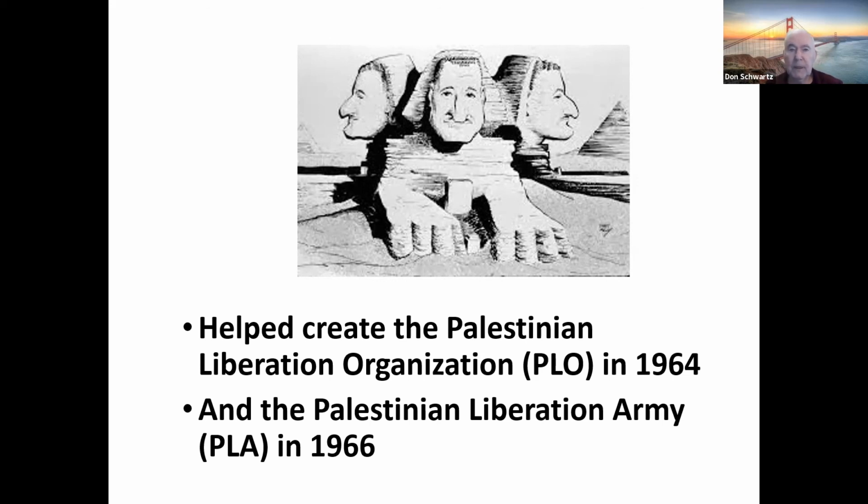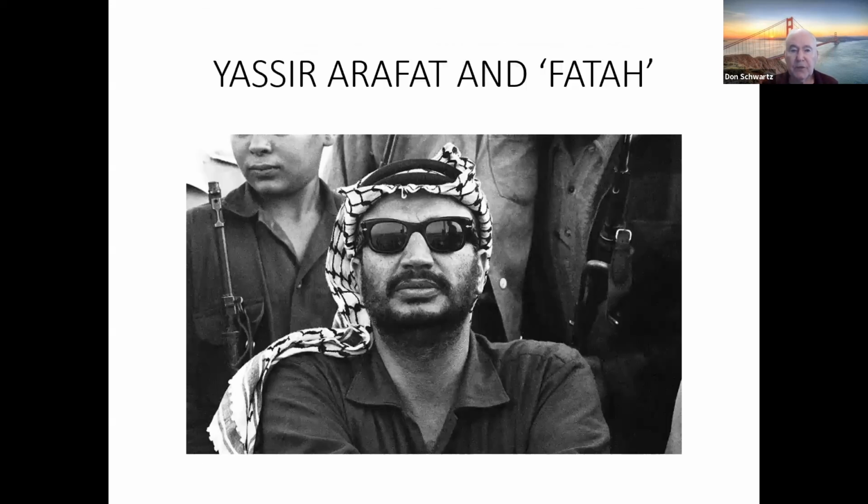More significantly, a group of Palestinians living in exile in Kuwait formed a new nationalist organization called Fatah, which is an Arab word for conquest. And this new organization, Fatah, was under the leadership of Yasser Arafat.